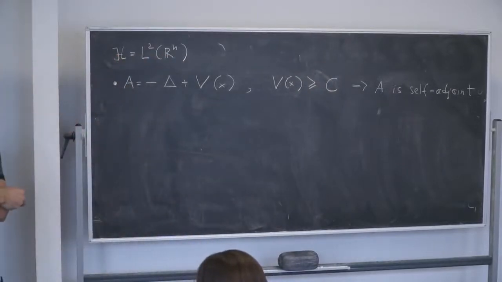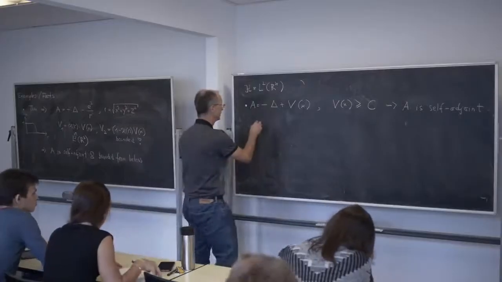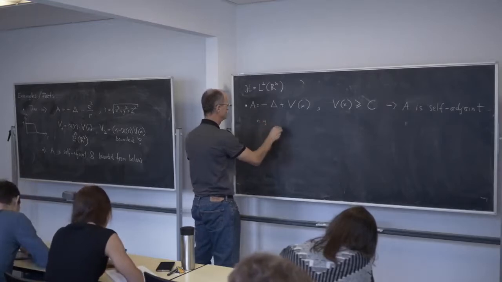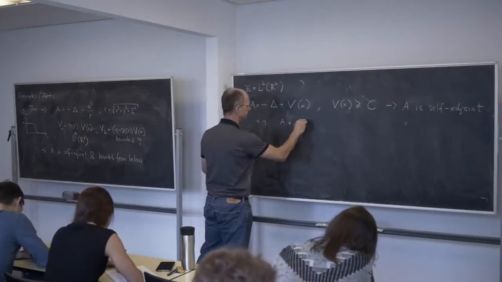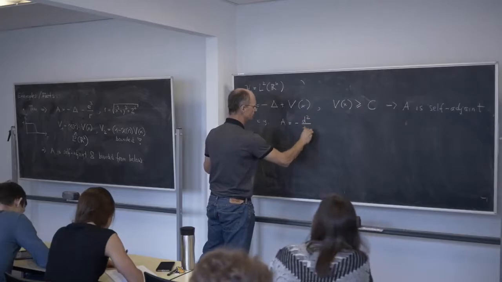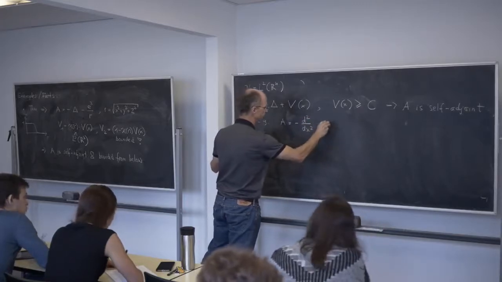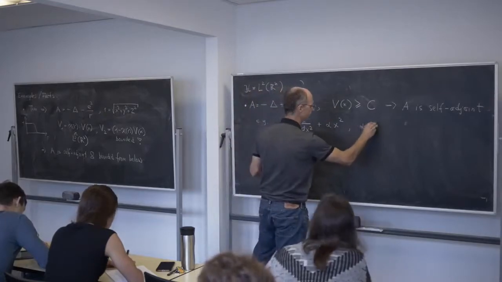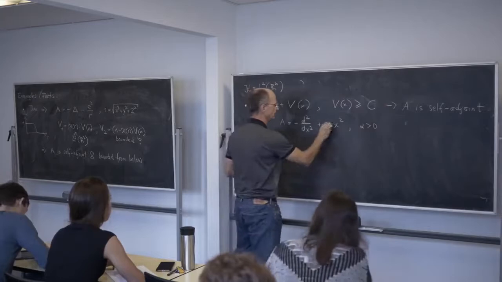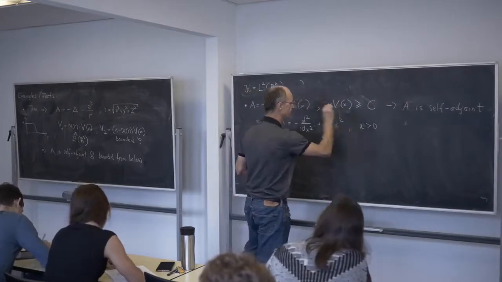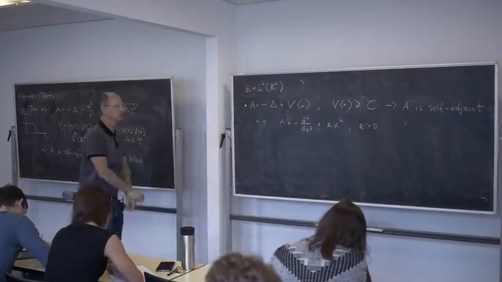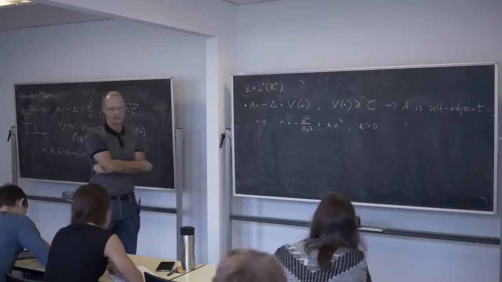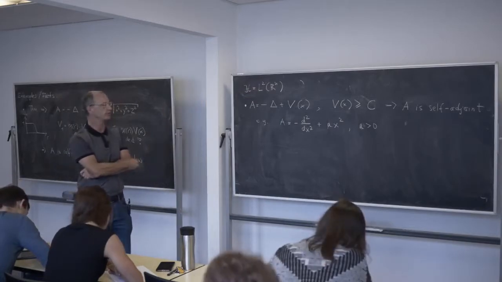Then A is always self-adjoint or essentially self-adjoint depending on the domain you choose. For example, in dimension 1, if you add the square potential, that's also a very important example known as the harmonic oscillator.